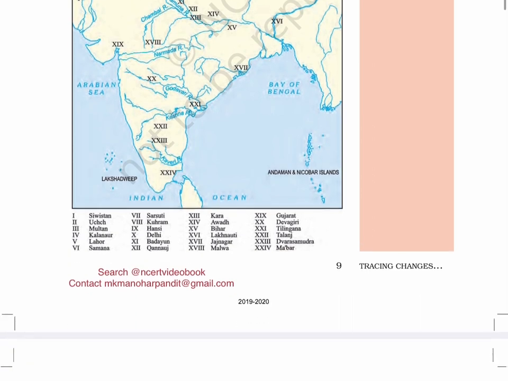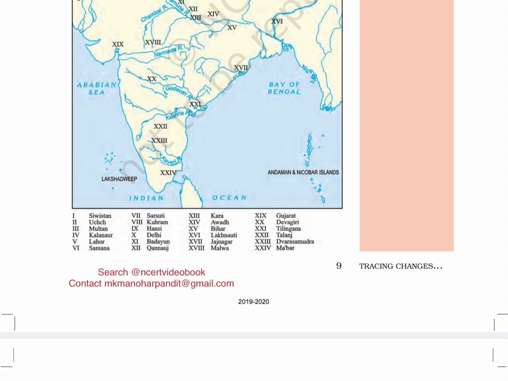1. Sivistan, 2. Uch, 3. Multan, 4. Kalanur, 5. Lahore, 6. Samana, 7. Sarsuti, 8. Kuhram, 9. Hansi, 10. Delhi, 11. Badaun, 12. Kannauj, 13. Kara, 14. Awadh, 15.